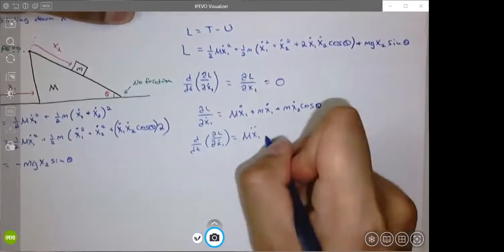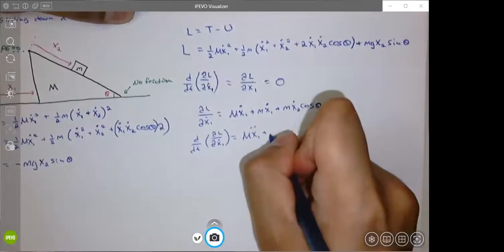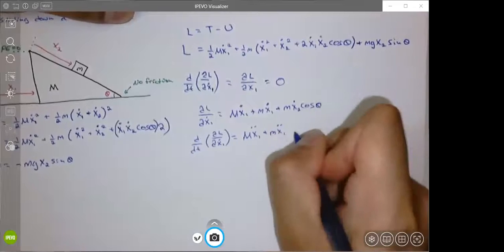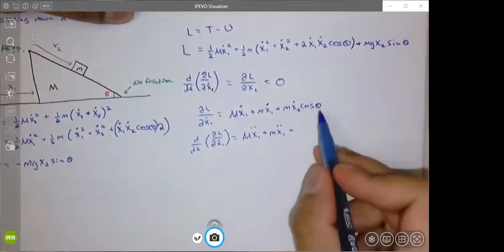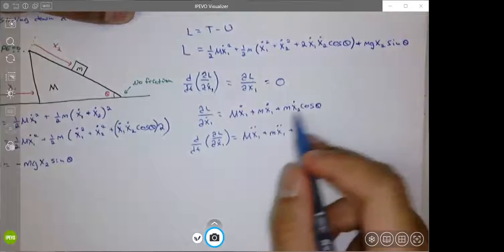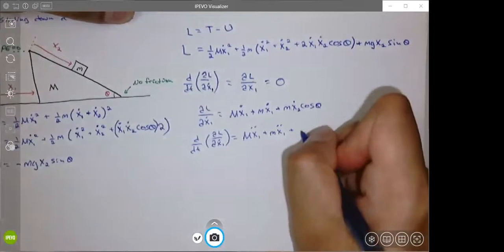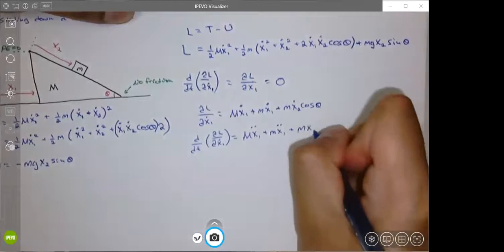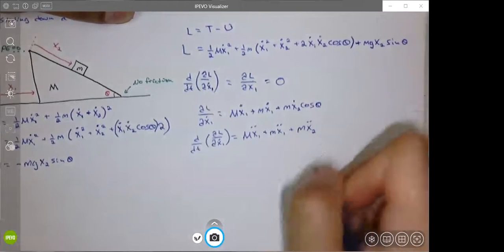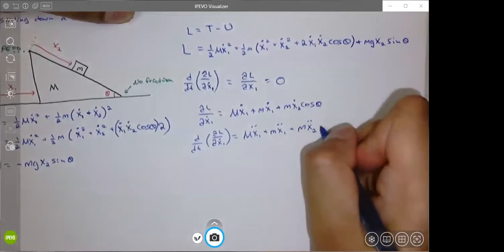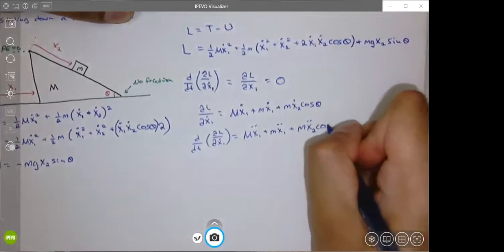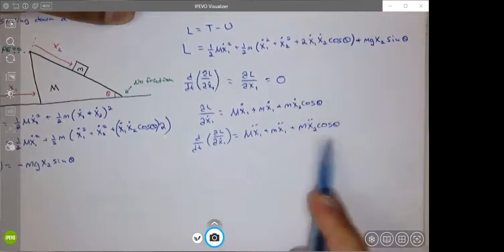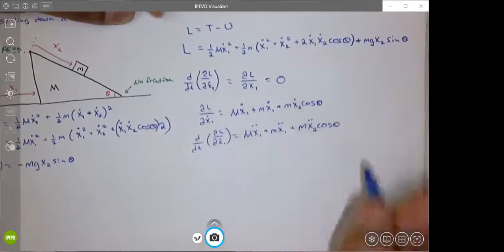The next one would be plus little m x1 double dot, great, plus theta is a constant, so it's going to be little m x2 double dot cosine theta. And all of this has to equal 0.